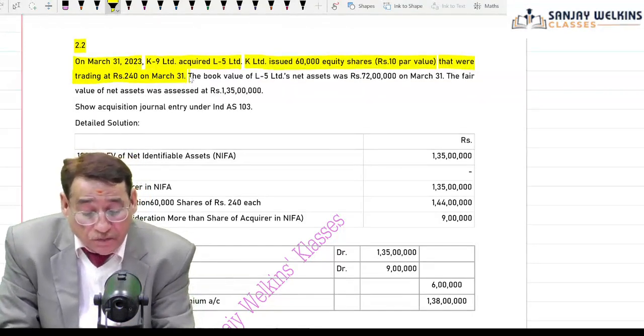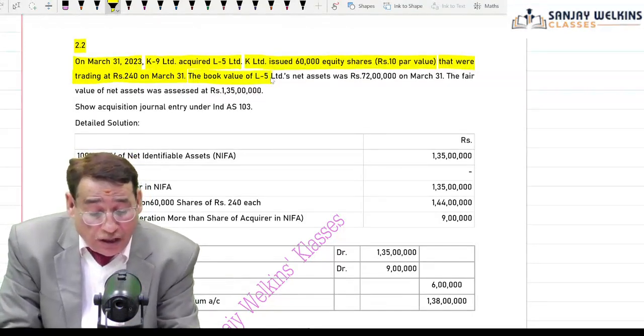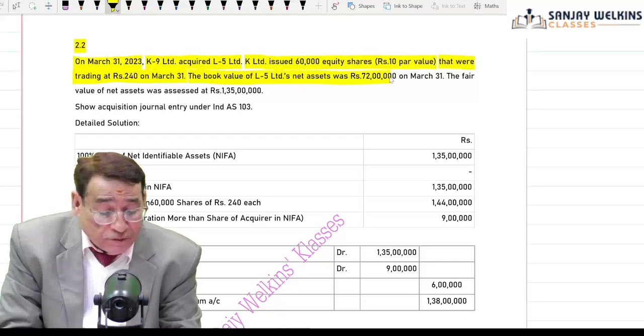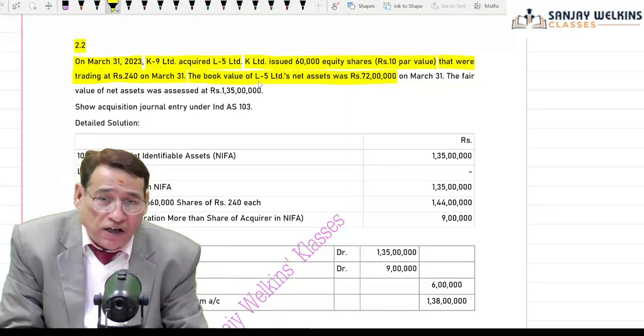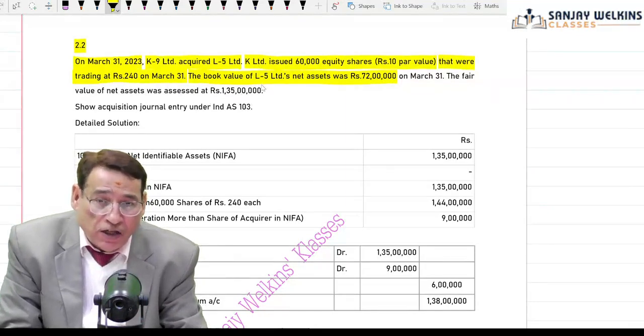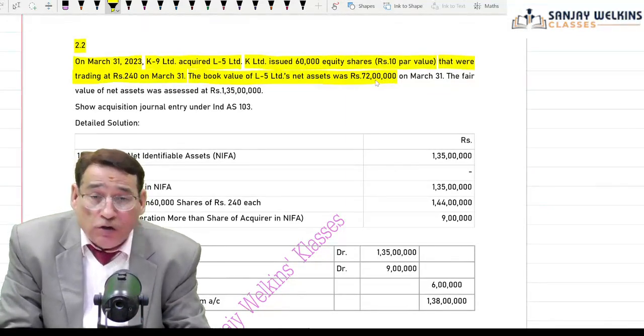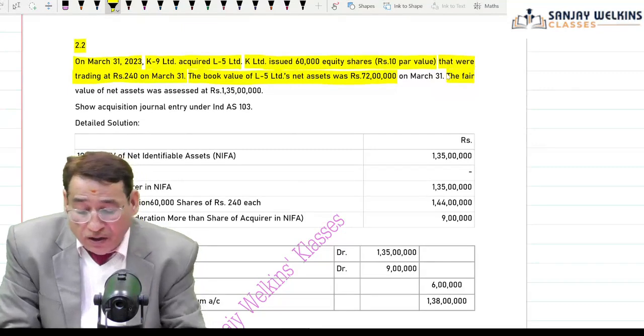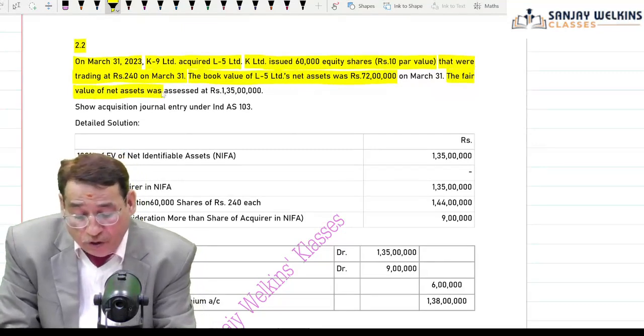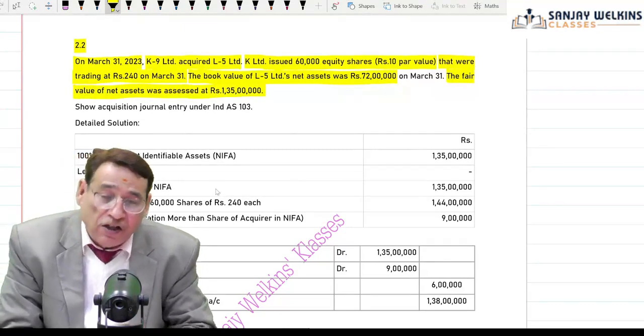The book value of L5's net asset was 72 lakh. And on 31st of March 2023, the fair value of the net asset was assessed at rupees 135 lakh.